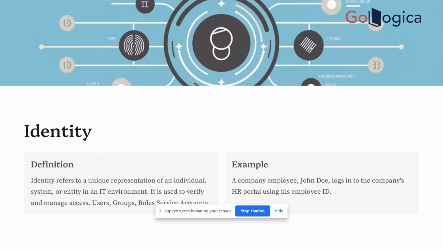Okay, an example mentioned in this picture: a company employee John Doe logs in to the company's HR portal using his employee ID. We have a user with the name John Doe, correct? And he is logging in to the company's portal with his email ID or employee ID. The employee ID is again an attribute which belongs to John Doe.